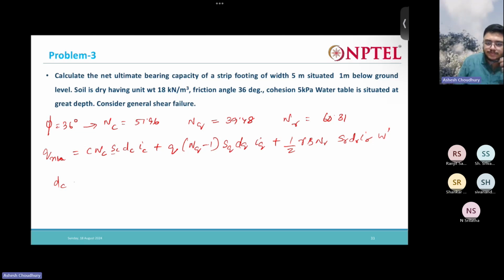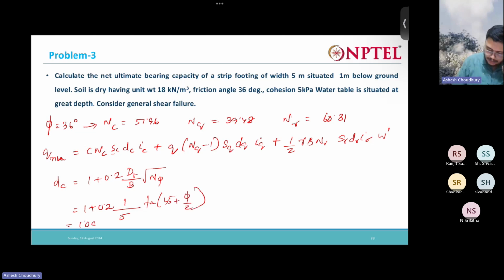What is DC? 1 plus 0.2 B by L. So if we do 1 plus 0.5 root over N phi, that is nothing but 1 plus 5 by 2, so we'll get this as 1.08. Okay.